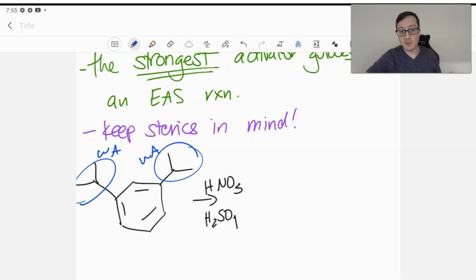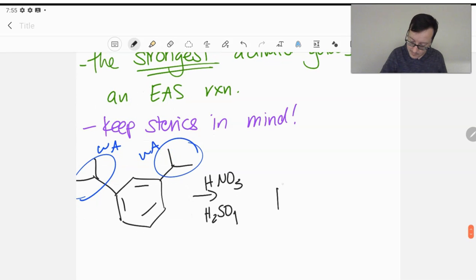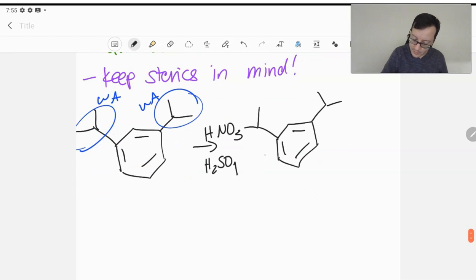We have two options then, where we're going to put our nitro group. Let's take a look at those positions. And you'll see that there's only two because of the symmetry. We can go ahead and draw them all. We can put it ortho to one, para to another.